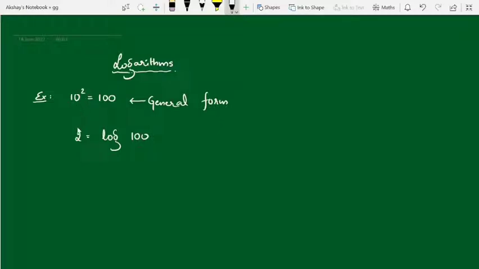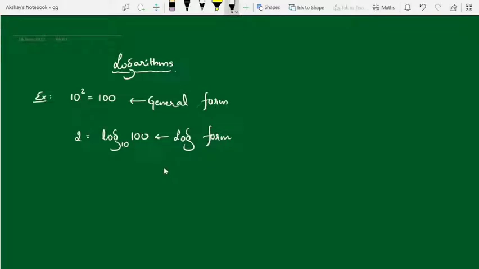So here I took 2 and mentioned it, this 100 I took and mentioned here, but this 10 is remaining. This 10 I am going to write over here. So how to read this: 2 is equal to logarithm of 100 to the base 10. So this is nothing but the log format.